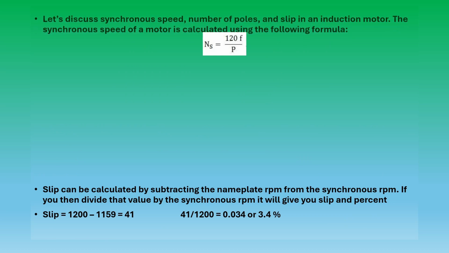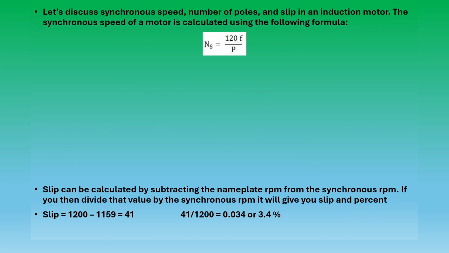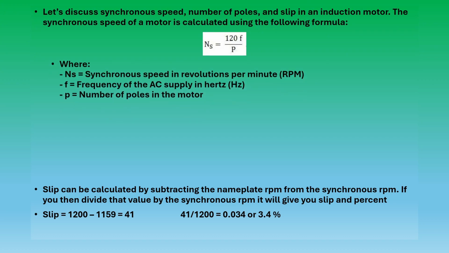So let's talk here about synchronous speed. Let's discuss synchronous speed, number of poles, and slip in an induction motor. The synchronous speed of a motor is calculated by the following formula. Ns is equal to 120F over P, where Ns is the synchronous speed in revolutions per minute, F is the frequency of the AC supply in hertz, and P is the number of poles in the motor.